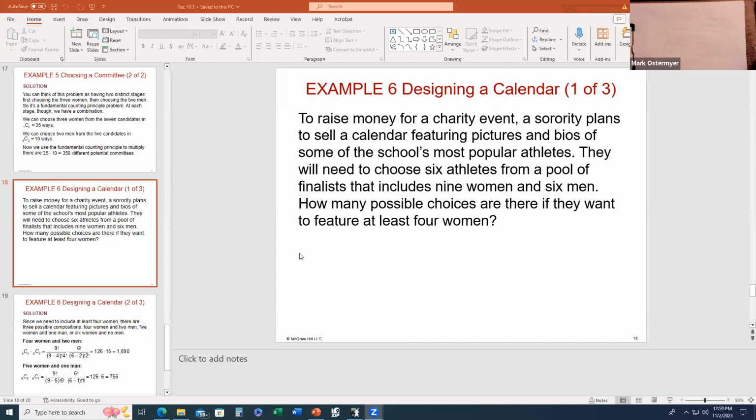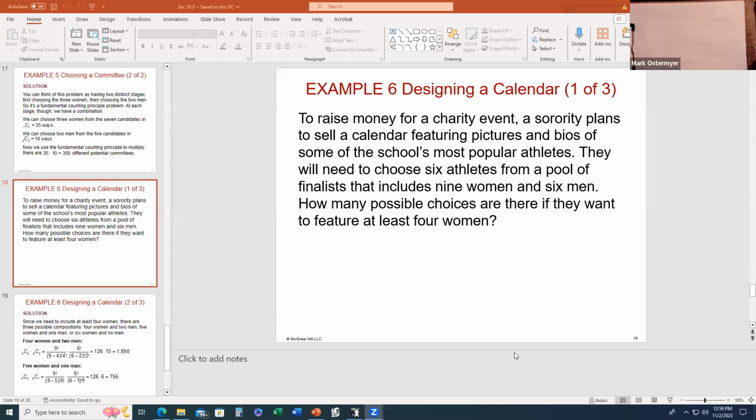Now, our pool consists of 9 women and 6 men. We need to choose what? 6 athletes, right? But we have to make sure that we have at least what? 4 women on the calendar here, correct?